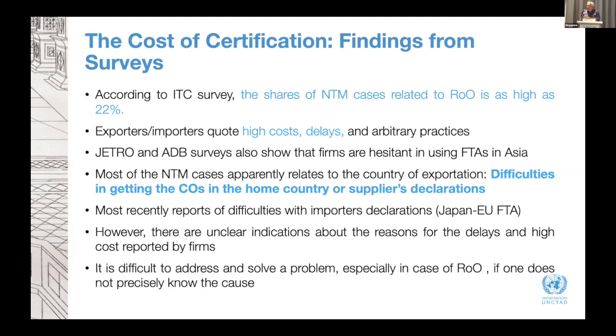Only the firms are best placed to tell us what the real problems are that they are facing in proving rules of origin. Once we have clearly identified what the problems are in complying with proof of origin, only at that time can we provide a real indication to governments on how to facilitate the use of free trade area agreements. And that's the scope of the research.